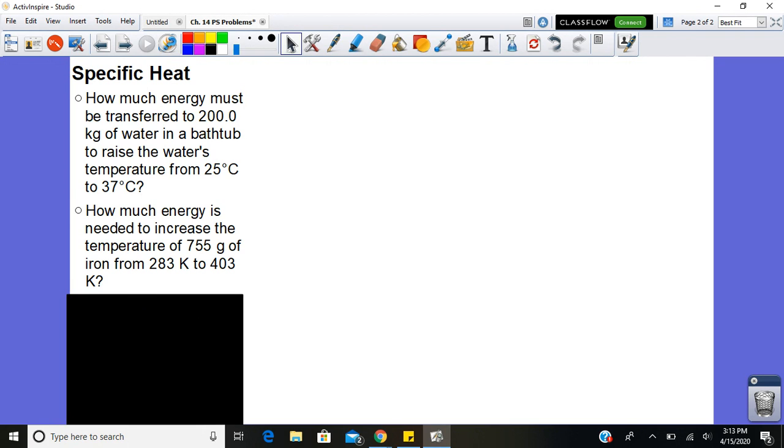This time, how much energy is needed to increase the temperature of 755 grams of iron from 283 Kelvin to 403 Kelvin? So again, I know my mass, and that is 755 grams, but I don't want it in grams. I want kilograms, so we need to do a conversion right away.